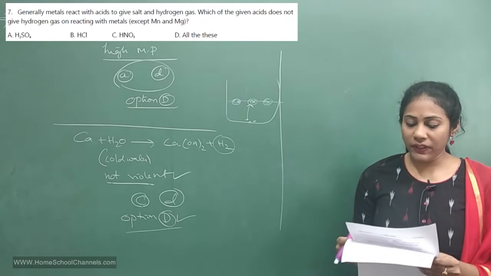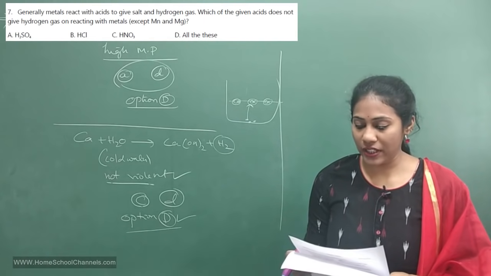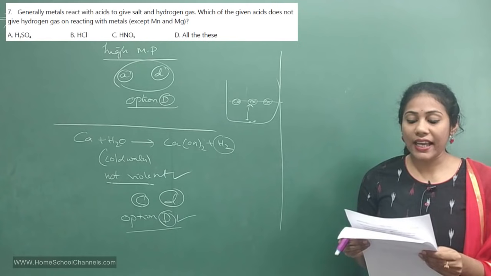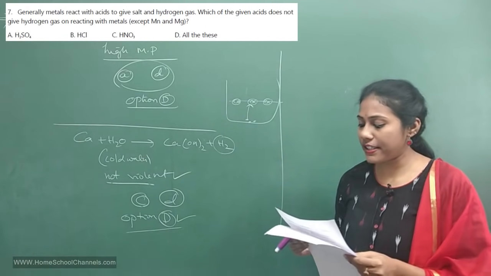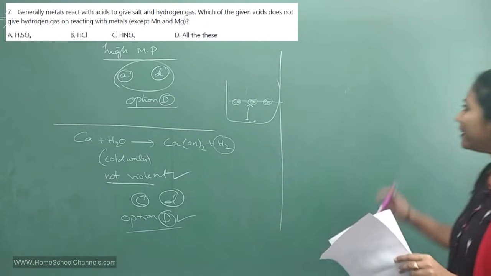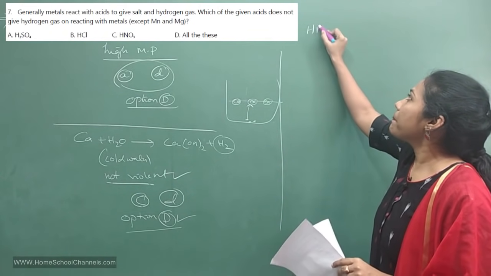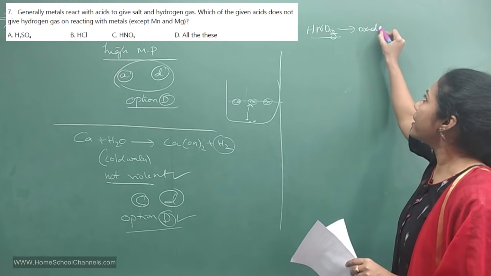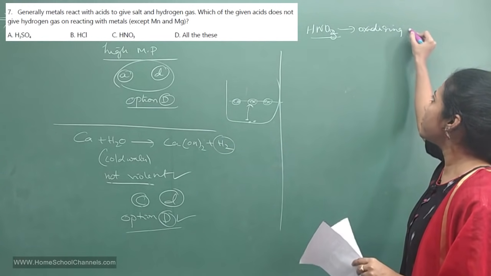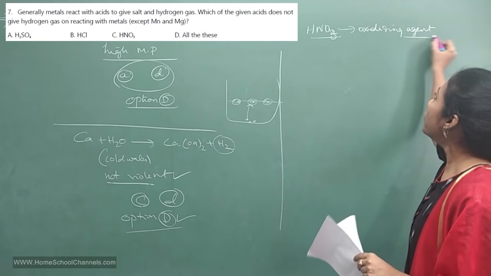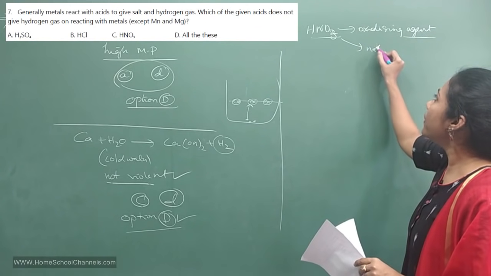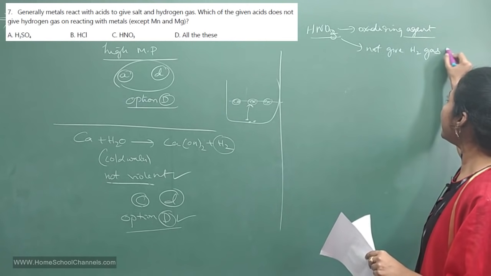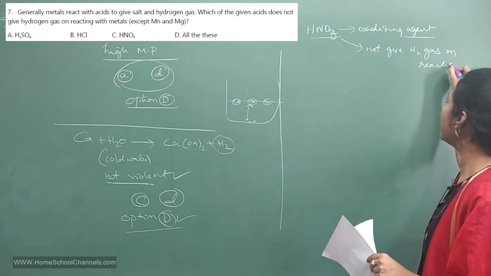Generally, metals react with acids to give salt and hydrogen gas. Which of the given acids does not give hydrogen gas on reacting with metals, except manganese and magnesium? See, HNO3, since it is an oxidizing agent, will not give hydrogen gas on reacting with metals.